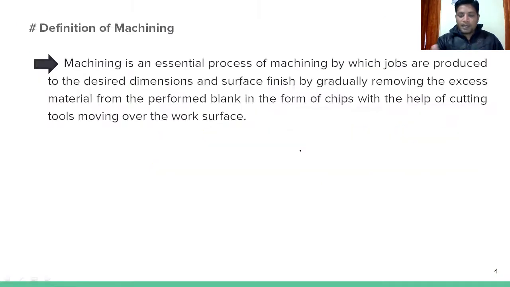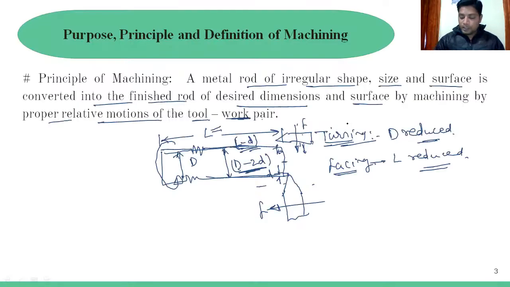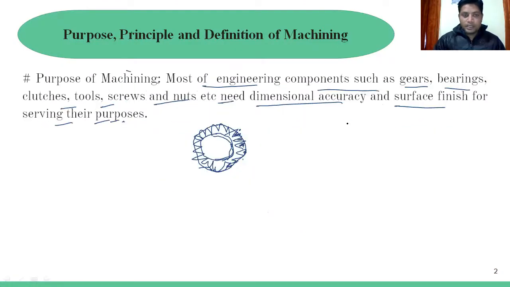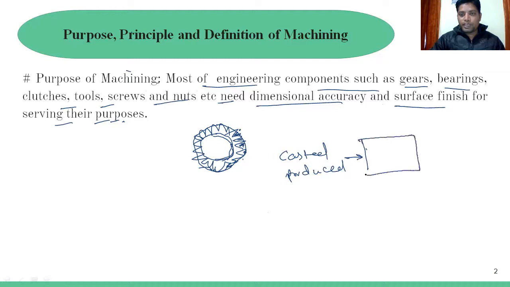Okay, next is the definition. There is one more thing in this principle: if simply we draw, then we have the casted product, and we are converting it into the finished product.